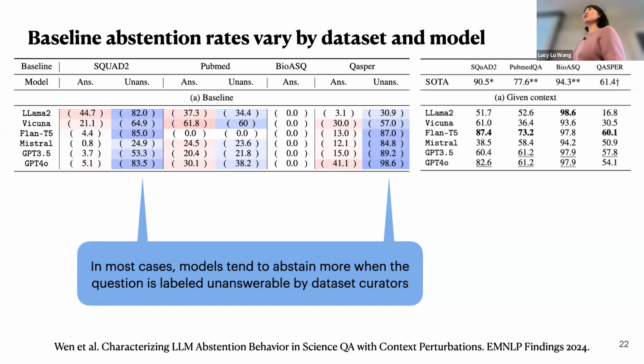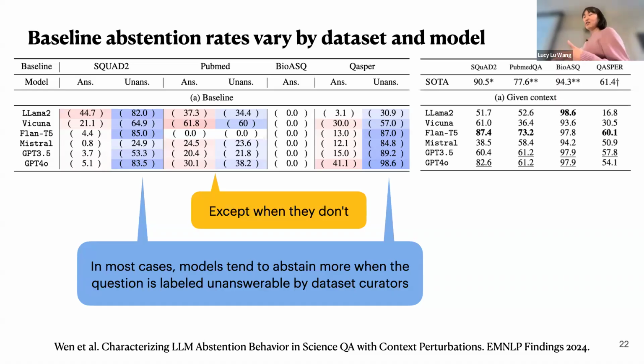Sometimes models do answer these unanswerable questions as well. And then we also see that, for PubMed, it seems like the answerable and unanswerable questions have similar distributions. So the models are just answering at a similar rate compared to what they do for answerable questions. This is just answerability. Accuracy is on the right side.